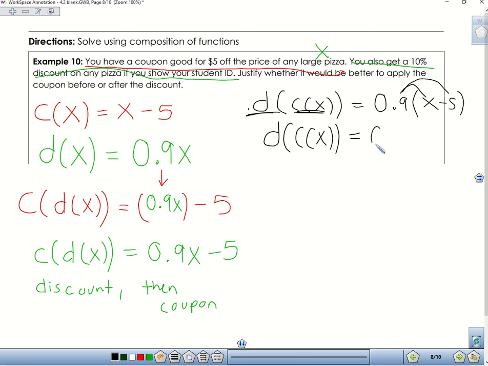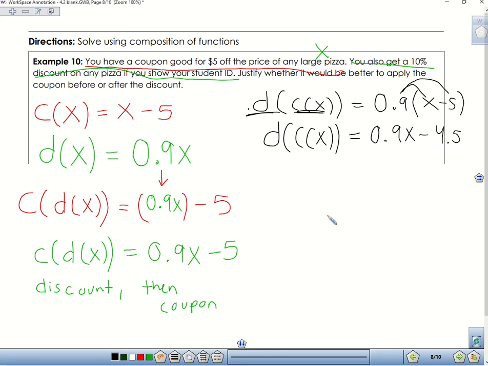Distributive property, yeah. So it's 0.9x, and then what's 90% of 5? 0.9 times 5? Anyone? It's 4.5, yeah. So $4.50 basically.